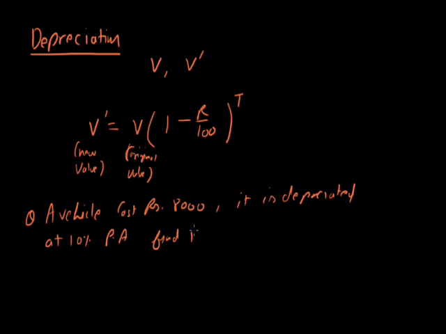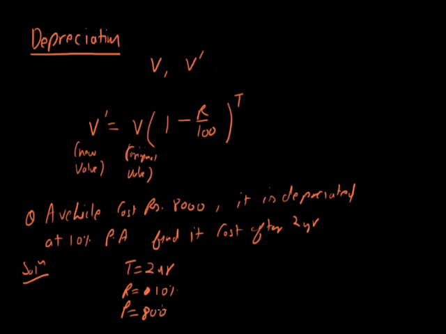Then find its cost after 2 years. तो हमें क्या करना है, हमें बता रखा है कि एक व्हीकल है जिसकी कॉस्ट 8,000 रुपीज़ है और उसकी वैल्यू डिप्रिशिएट होती जा रही है 10% per annum से. तो हमें इसकी 2 साल की कॉस्ट बतानी है. तो time period is given to us, that is 2 years, and the rate of depreciation is 10% per annum, and the principal, that is 8,000, is given to us.